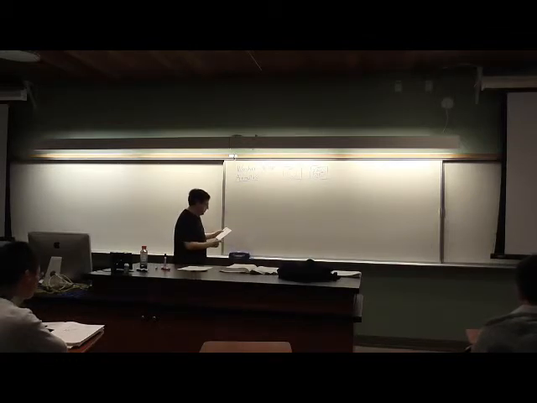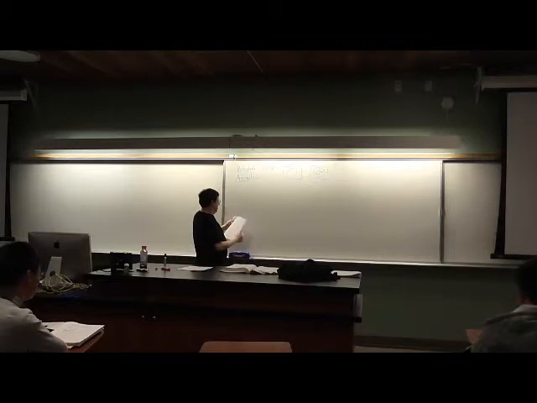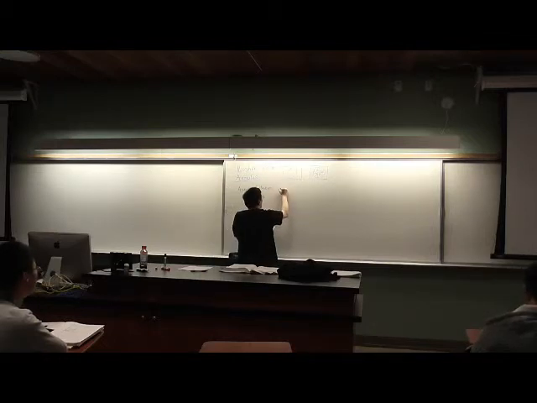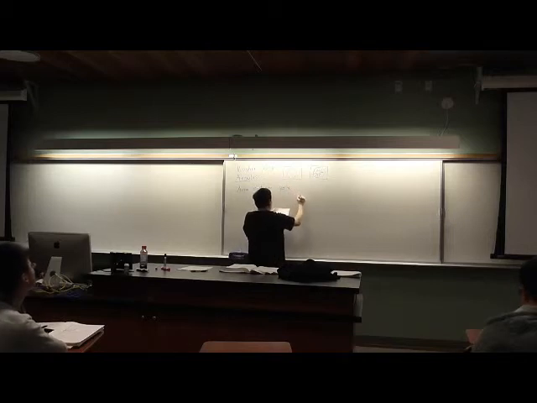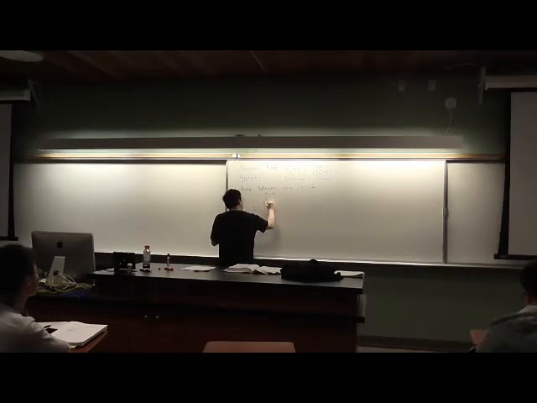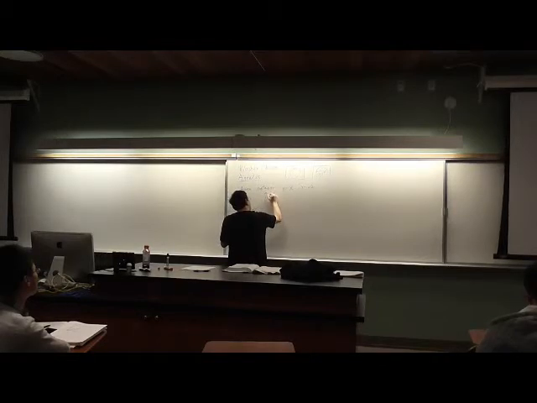So the problem says let the area between y equals x and y equals x squared, let me draw that for you. So y equals x squared, y equals x.